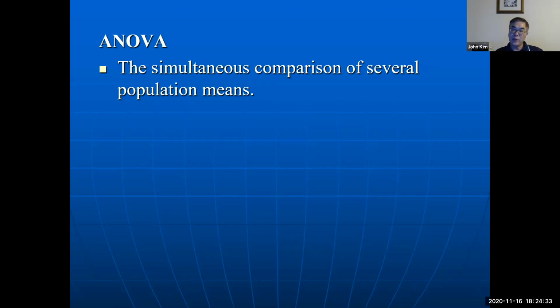But if we have 3 or more samples, we cannot use that hypothesis test, because it only handles one sample and two samples. To compare 3 or more samples, we use ANOVA.